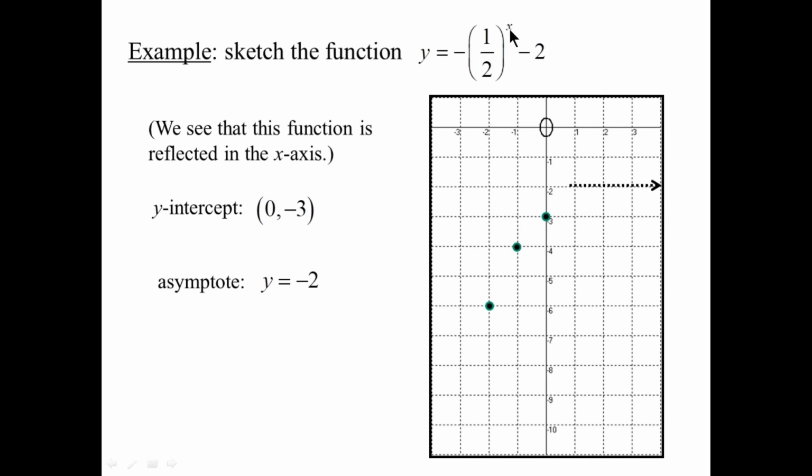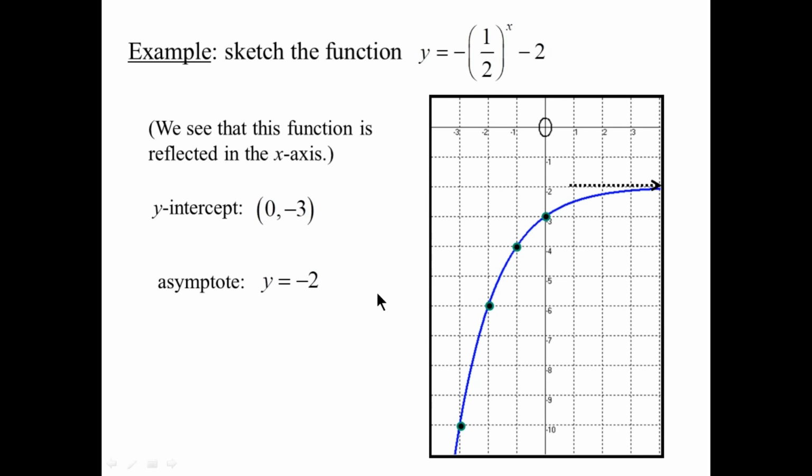So put a -3 in here for x, invert this and cube it, and you have 8, and -8 subtract 2 is -10. So if we plugged in -3 for x, we would go along the x-axis to -3 and go all the way down to -10, and we know that we're going to find yet another lattice point. And we can see the curve is appearing before our very eyes, and all we need to do is join it together with a smooth curve, and don't forget to label it. And this is graphing transformations of exponential functions.